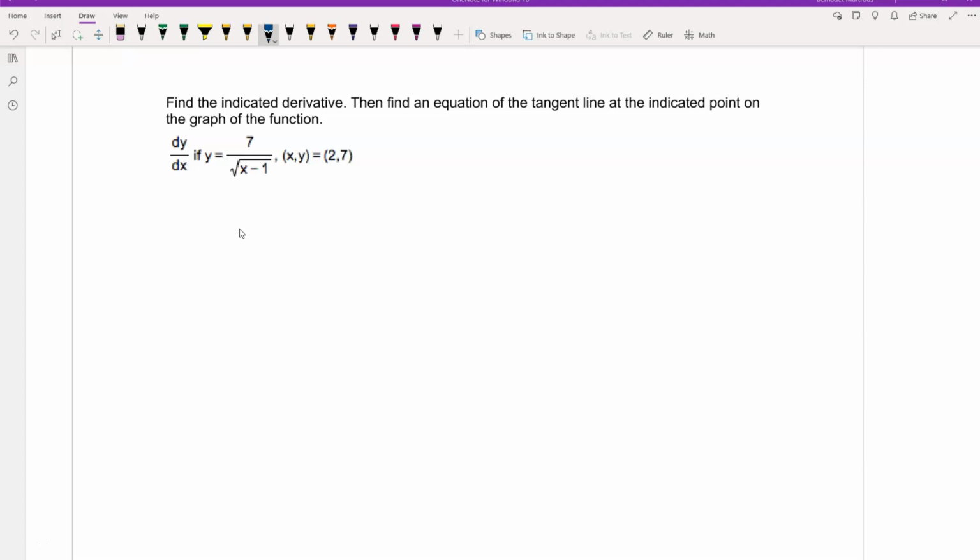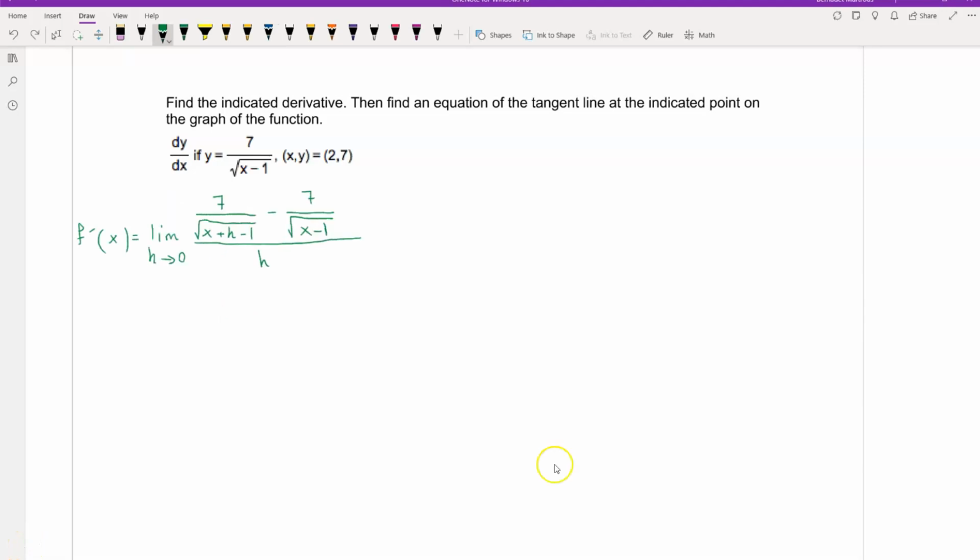Find the indicated derivative, then find an equation of the tangent line at the indicated point on the graph of the function. So here y is equal to 7 divided by the square root of x minus 1. And our point is 2, 7.